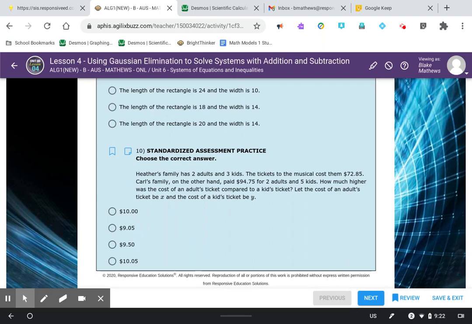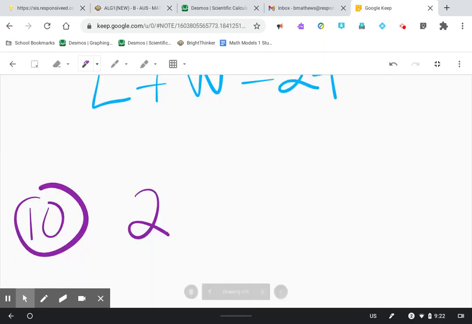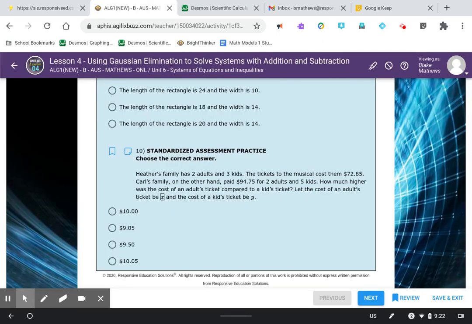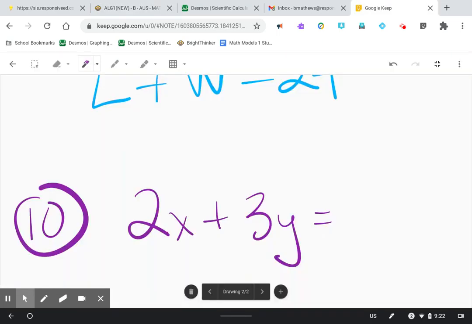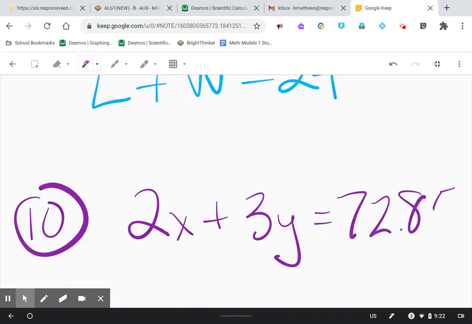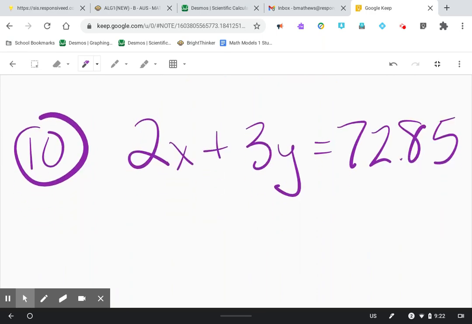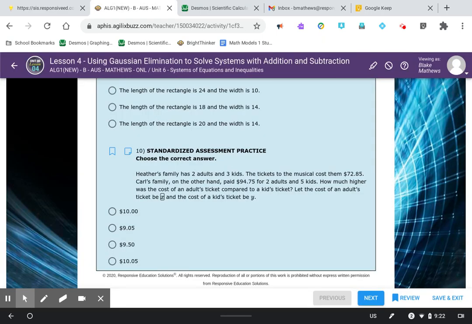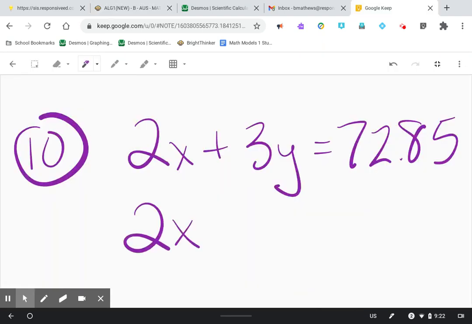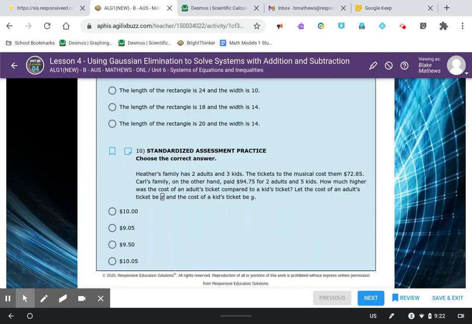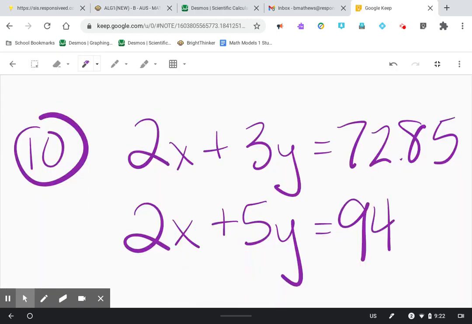It says adult tickets are x. 2 adults and 3 kids, and their total is $72.85. And this is exactly how you do this problem. You set up this equation, then you look at the next one. On the other hand, Carl paid for 2 adults and 5 kids, and their total was $94.75.